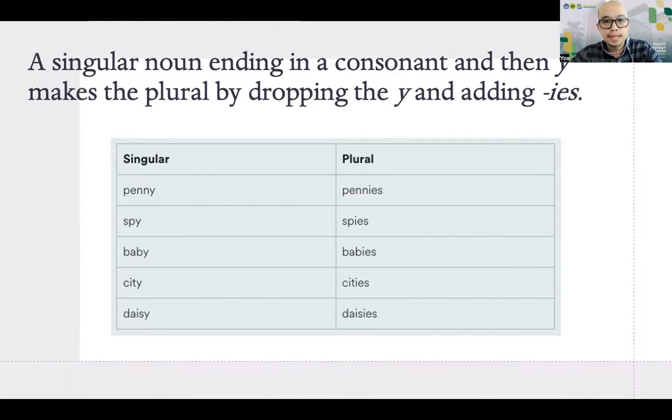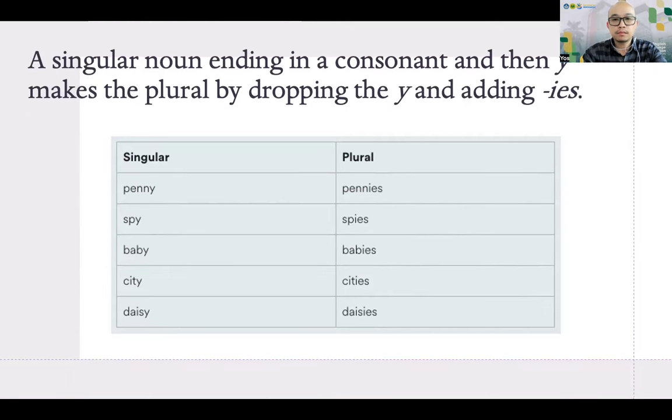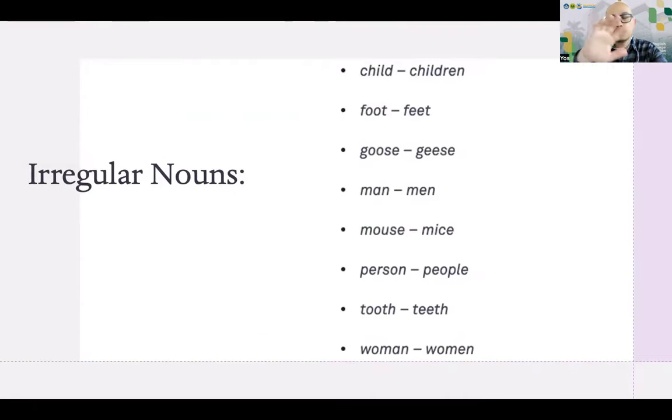It becomes pennies. Spy becomes spies. Baby becomes babies. City becomes cities. Daisy becomes daisies. So we drop the y and we replace it with ies. So those are the instances of the regular form of plural nouns.